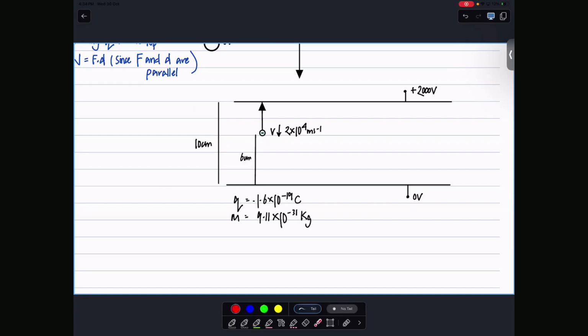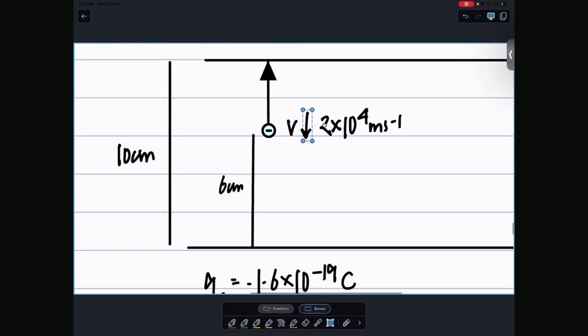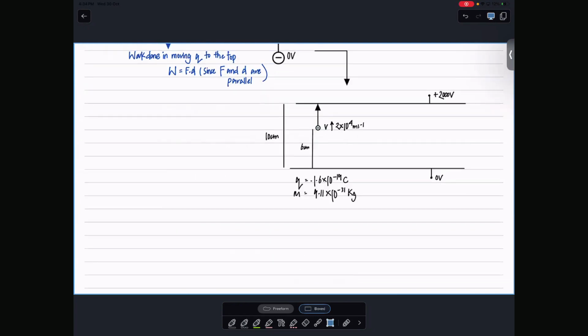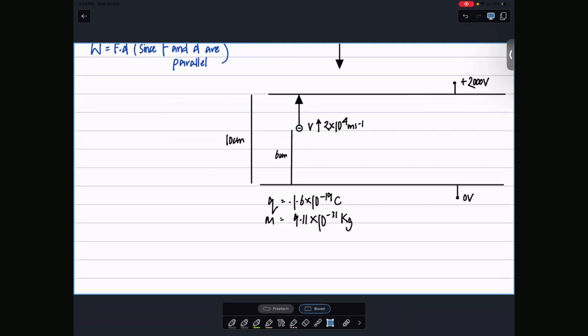So you need to find out what is the velocity of this object at this point. This is the initial velocity, it's upwards. Right, give it a try.